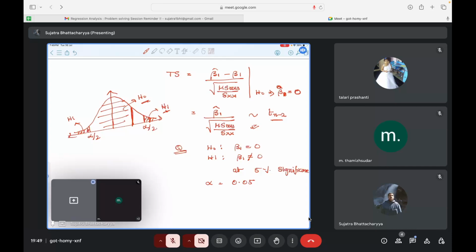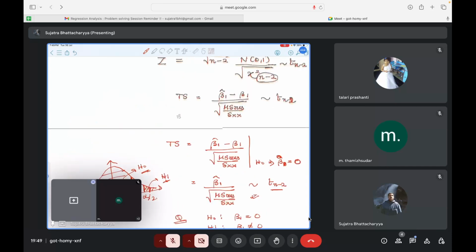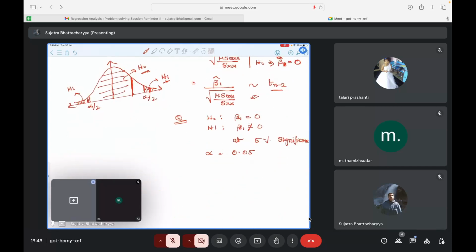So whenever the hypothesis shows not equal to 0, it can be either positive or negative. We don't know. Therefore, we have to make it alpha by 2, 0.025. So you have to look for T n minus 2, 0.025.